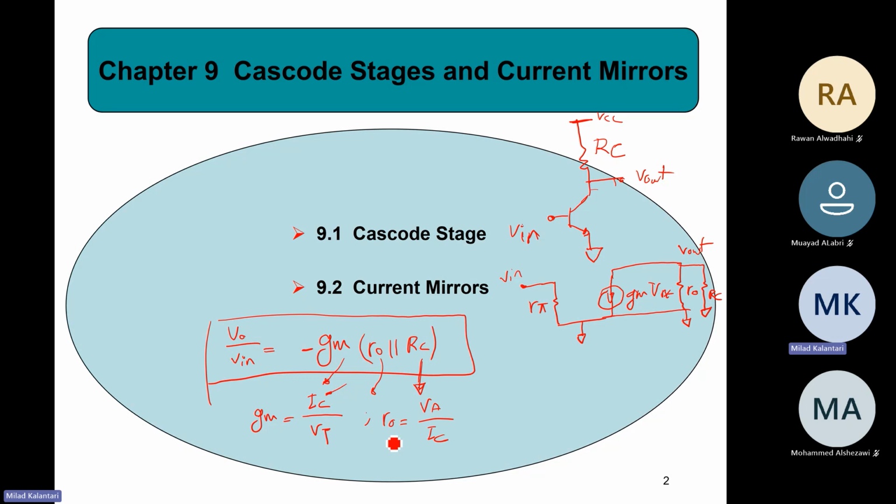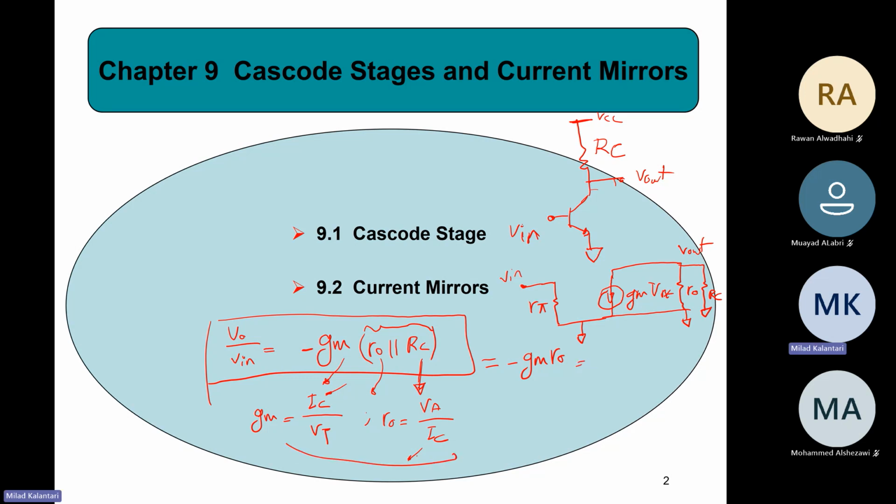But on the other hand, the RO will be reduced, right? So from this part, the ultimate case basically means that the RC is going to infinity, right? And then what will remain is GM times RO again, right?